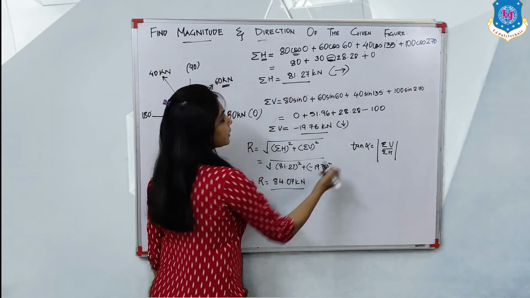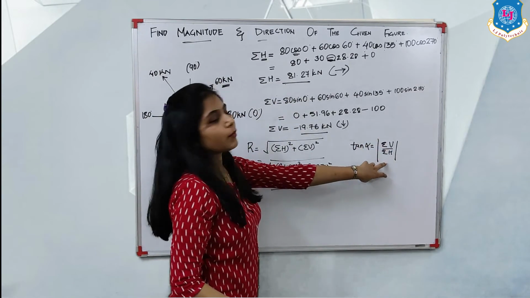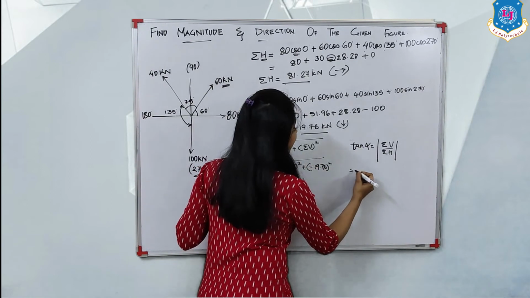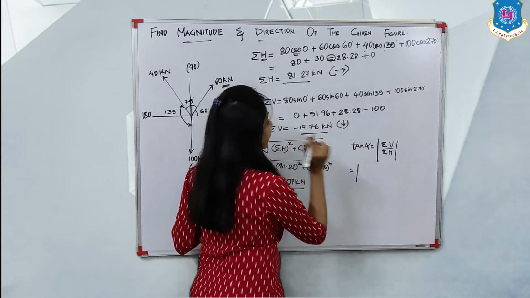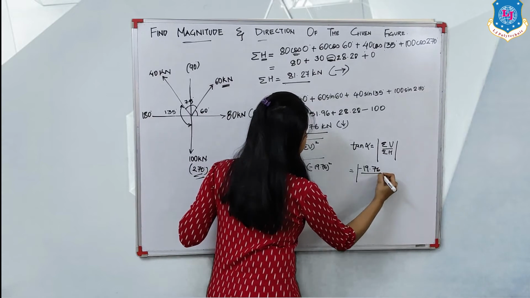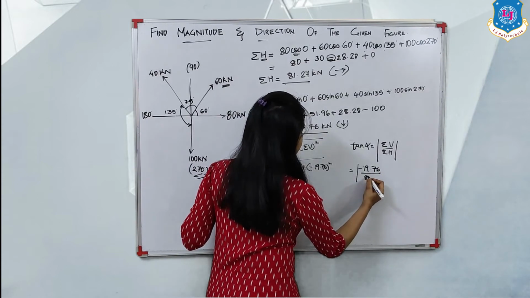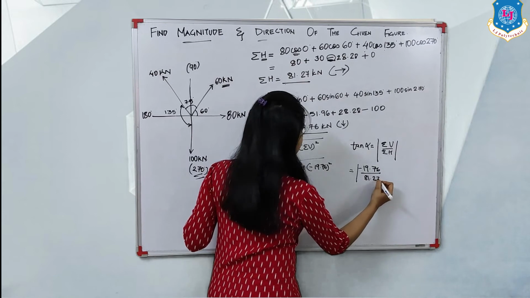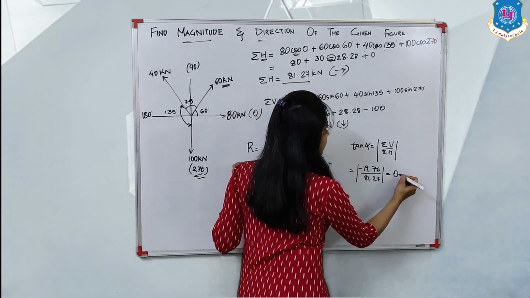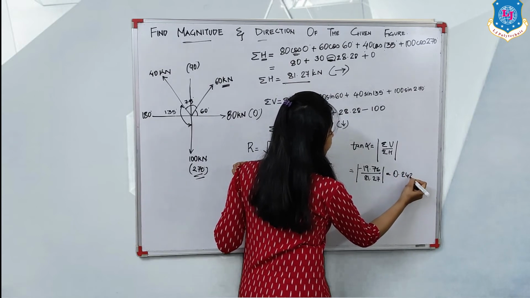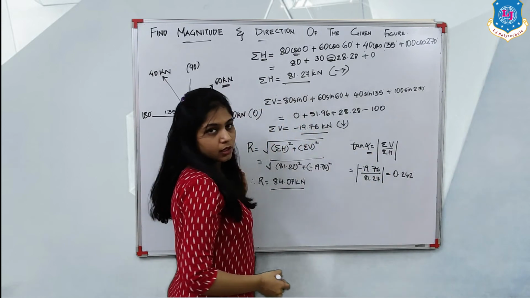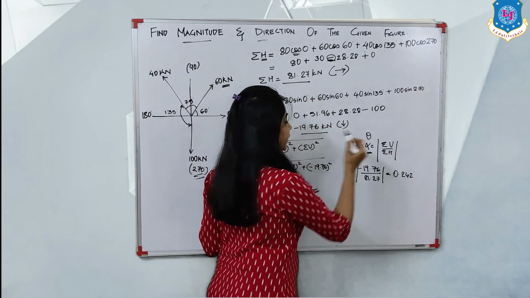As we know, tan theta is sin upon cos theta. Now substituting this value, with the mod sign my negative becomes positive. So here it will be 0.242 degree.